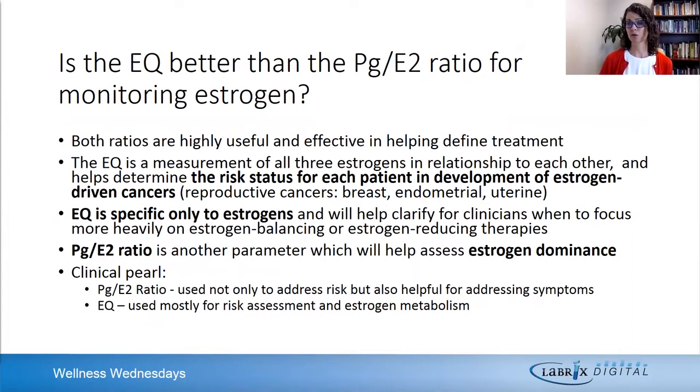It's specific only to estrogens, whereas the PGE2 ratio is another parameter which will help you to assess your patient's estrogen dominance. So just a little clinical pearl, keep in mind, the PGE2 ratio is used not only to address risk, but also helpful in addressing symptoms. And the EQ is really more about risk assessment and estrogen metabolism.